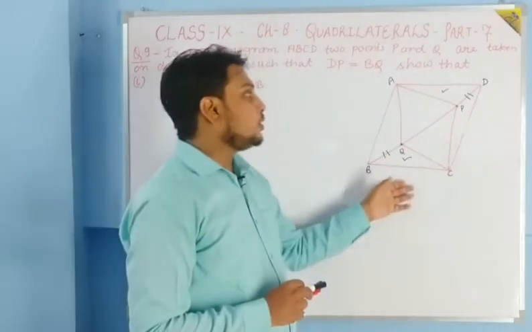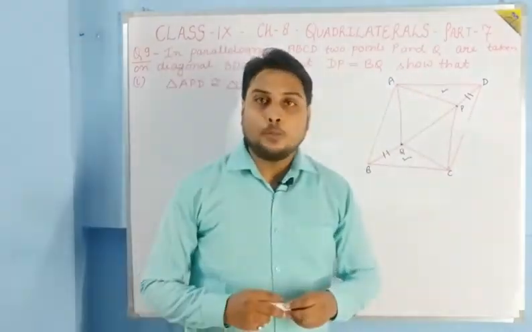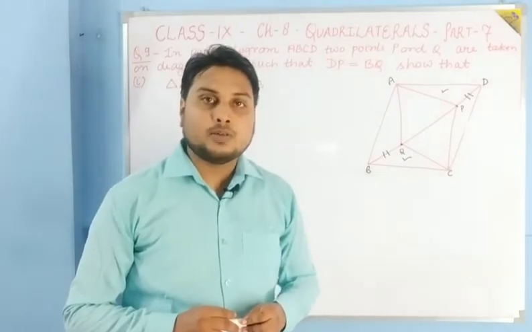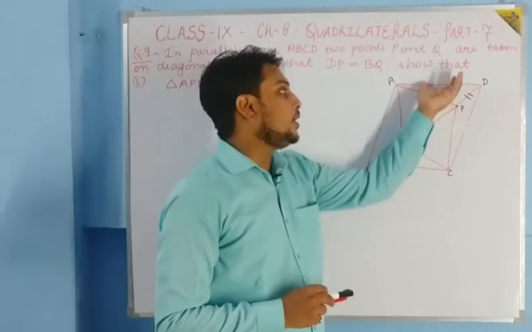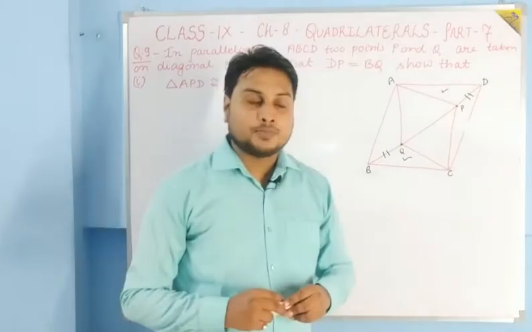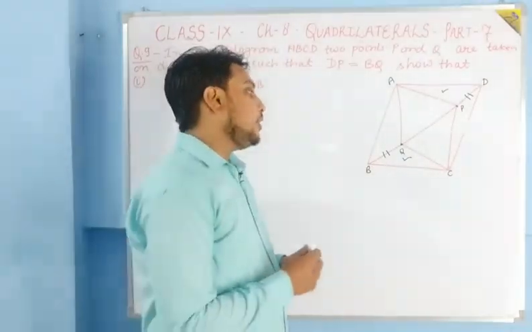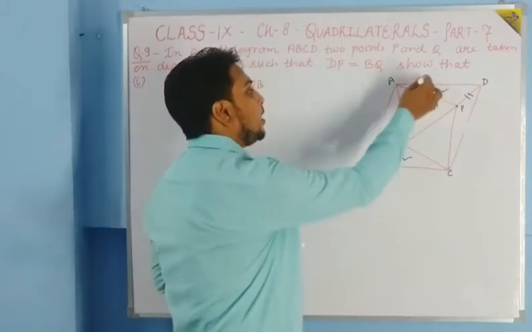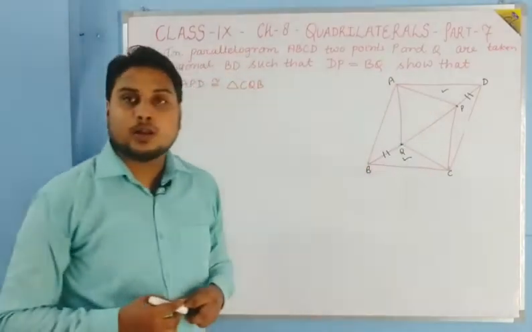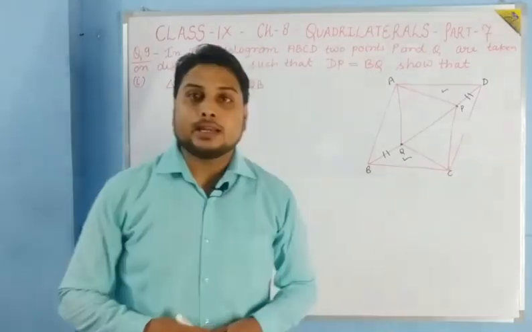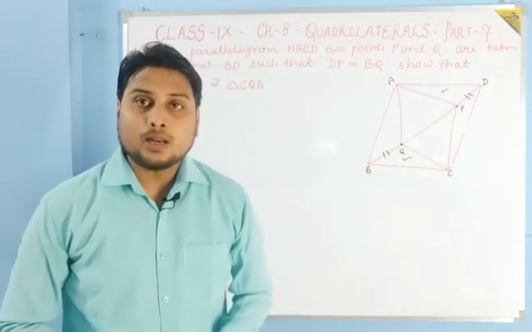Both the sides are the opposite pair of sides of parallelogram, so that will also be equal. So here BC will be equal to the side AD. And what else we can do? See students, they are opposite sides of the parallelogram. So we know that in parallelogram opposite sides are equal as well as parallel also.